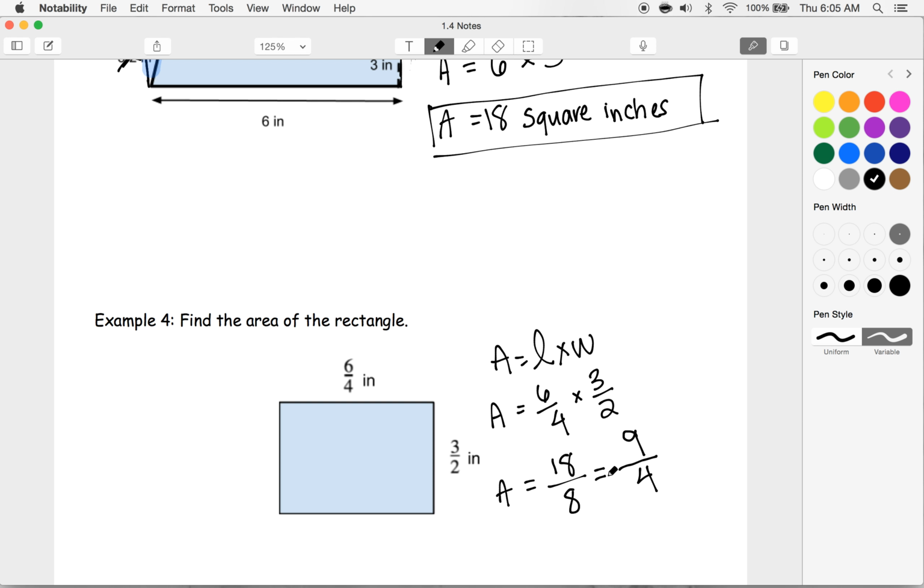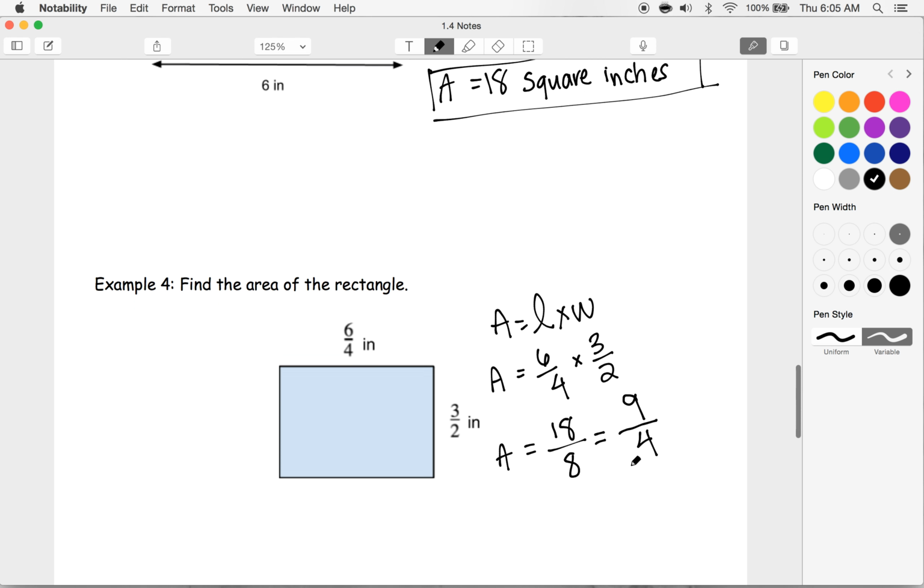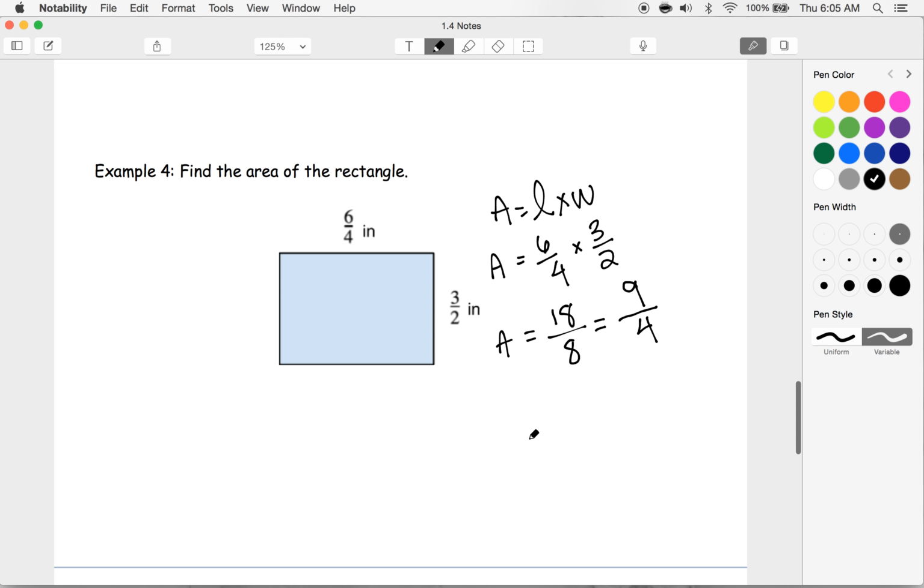So 18/8 or 9/4 are both correct answers. Or you can make it a mixed fraction and think, how many times does 4 go into 9? The answer is 2. 4 times 2 is 8, so I'm left with 1 left over. So 2¼ inches, or square inches.